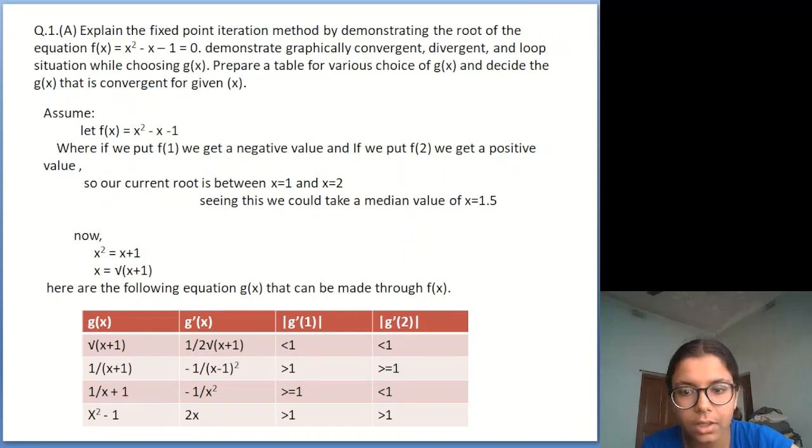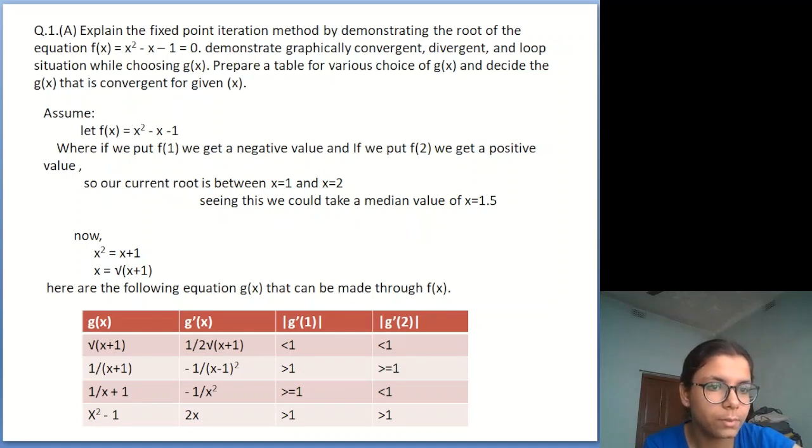Then we would take the value of 2 and put it in the derivative of g(x), and again we could summarize the whole thing and say that the values we were getting are lesser than 1, and 1 was equal to and greater than 1, then the other one was lesser than 1 again, and lastly higher than 1.